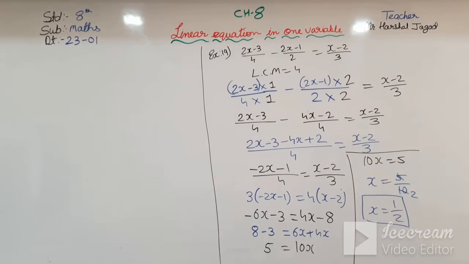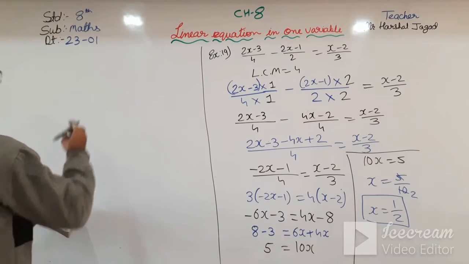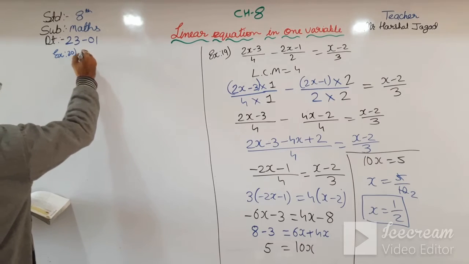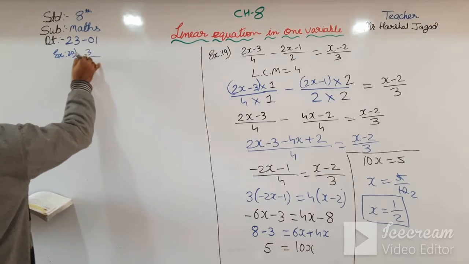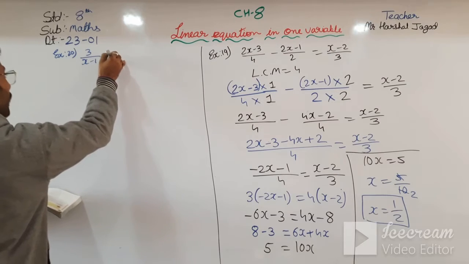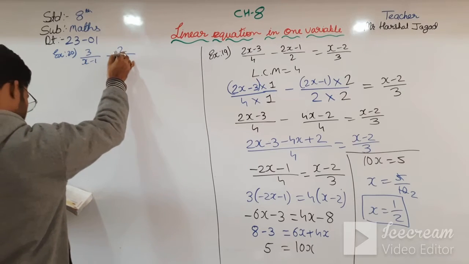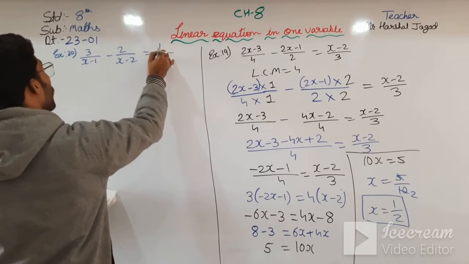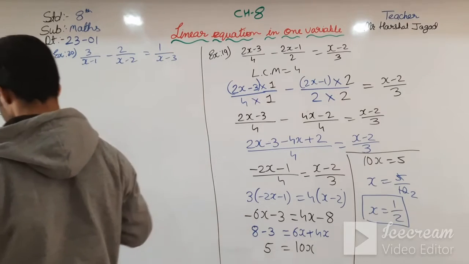Okay, here in example number 20, first of all writing the question, that is example number 20, that is 3 upon x minus 1 minus 2 upon x minus 2 is equal to 1 upon x minus 3.